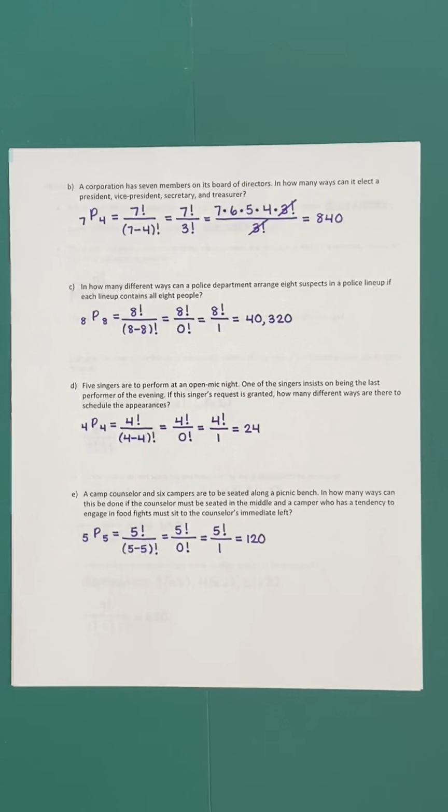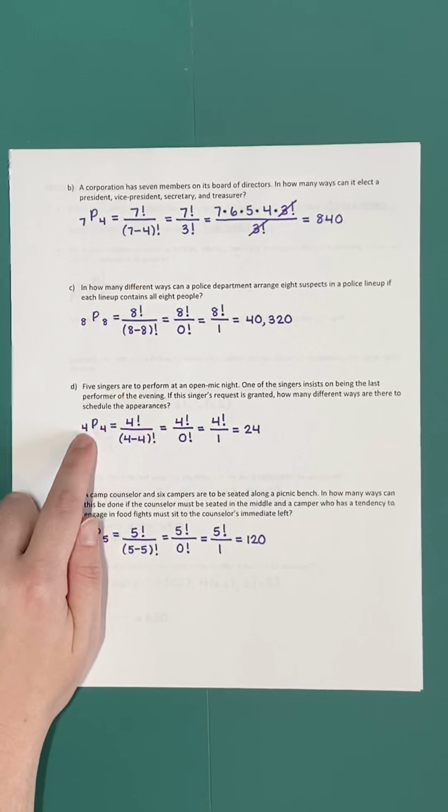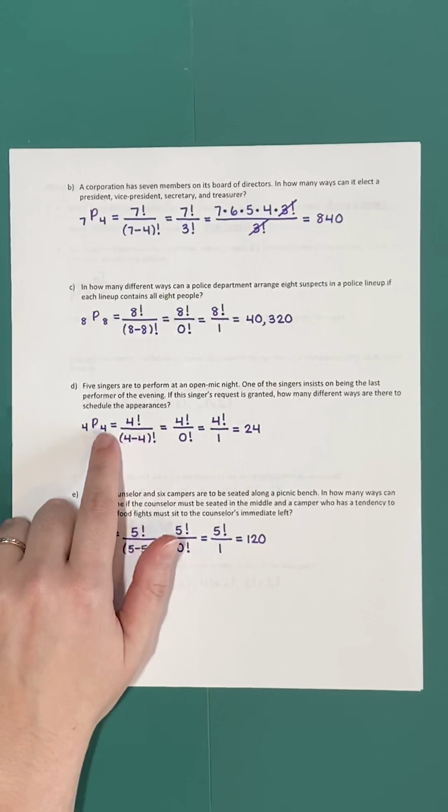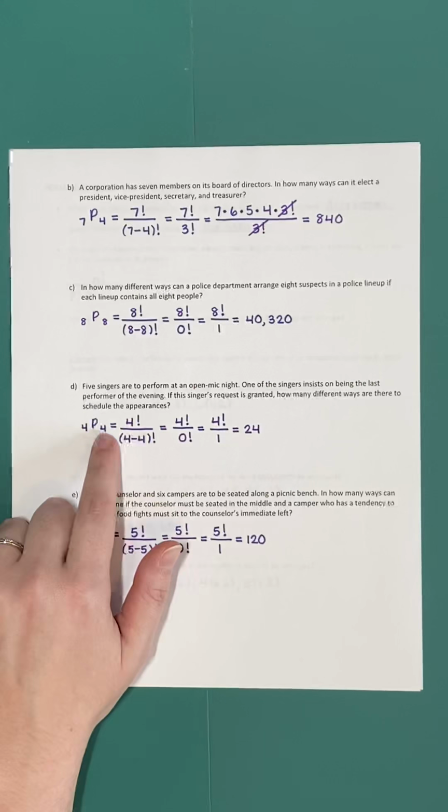That means we're not ordering all 5 people. One person we've already taken care of. We've already made sure that person is going to perform last. So we have 4 spots to fill, and we have 4 remaining singers to fill those slots. So that means we have 4 singers to choose from, and we're choosing and arranging all 4 of them.